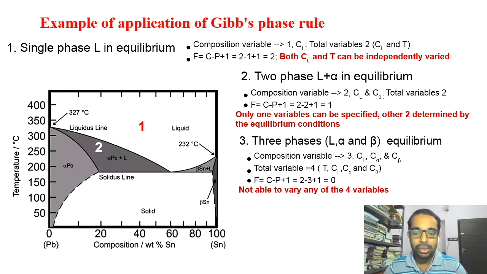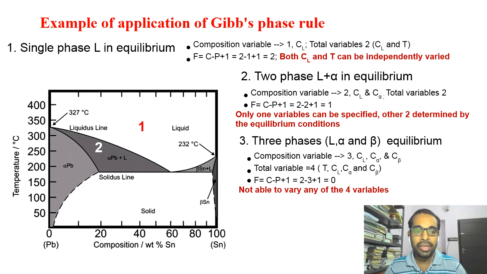That means although the number of variables has increased, the number of degrees of freedom has decreased to 1. Out of the 3 variables, the composition of liquid, the composition of alpha, and the temperature, only one of them can be specified and the other two will be determined by the equilibrium conditions.